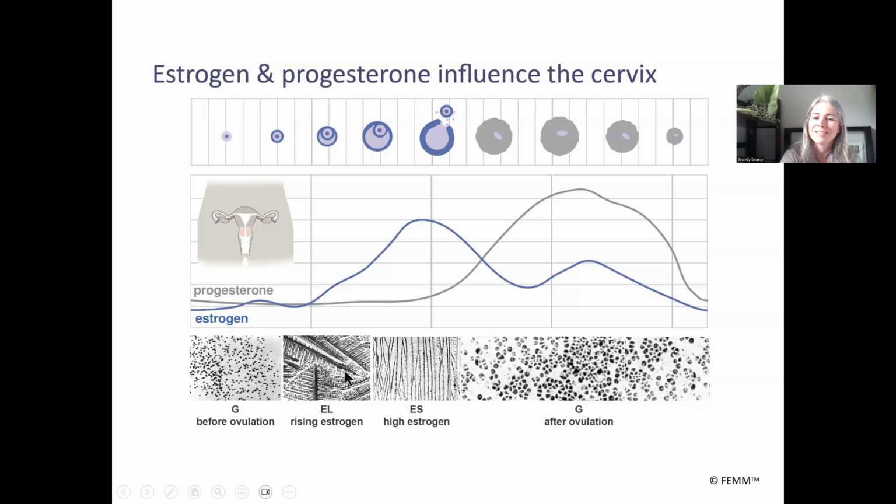And there is a different pattern between this EL and ES. And again, that different pattern helps both for sperm to transport between the vagina and the uterus, and then also to cull out the duds. So it's serving two purposes, and it doesn't matter whether we're talking EL or ES, they both do this.